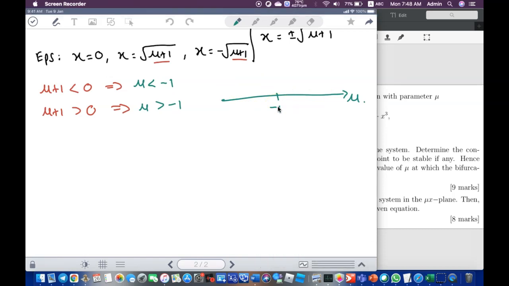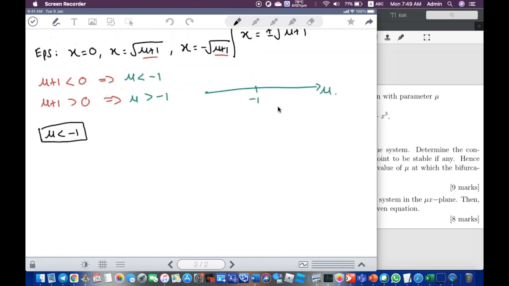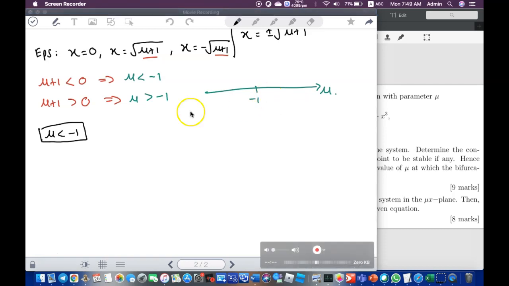Understand? Okay, so firstly, the first case, we want to have mu less than minus 1. Now look at our equilibrium point. So mu less than minus 1, which is coming from this one, which is mu plus 1 is negative.